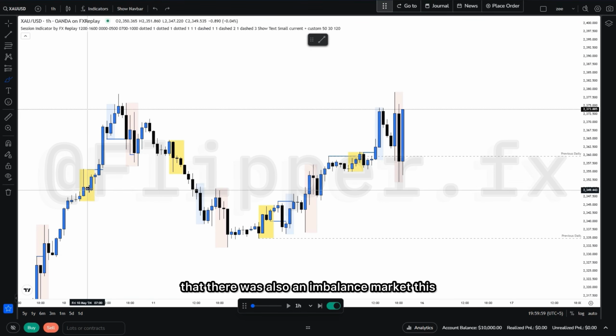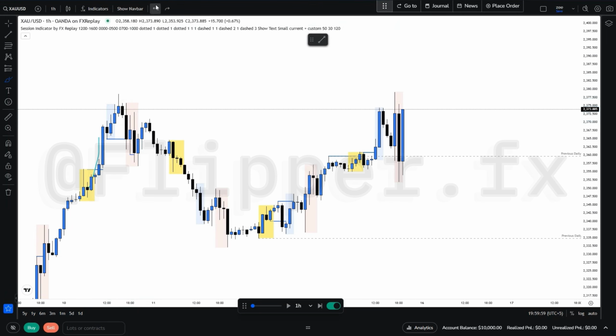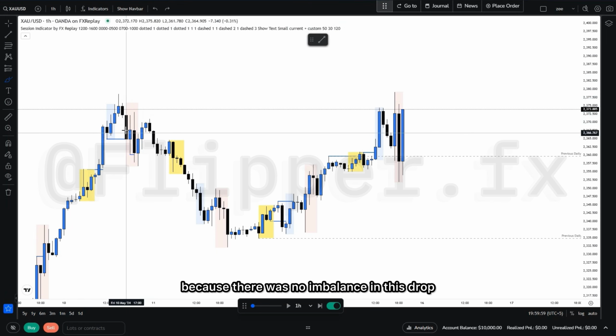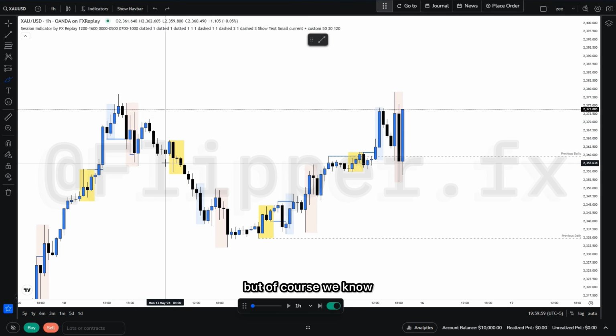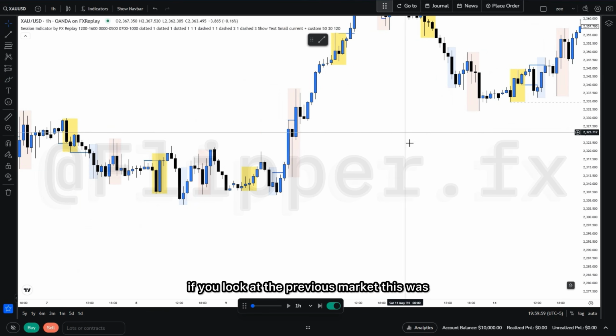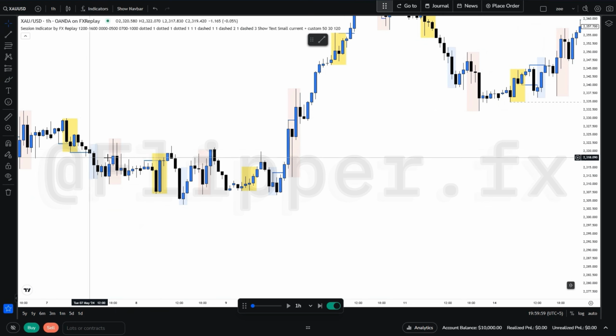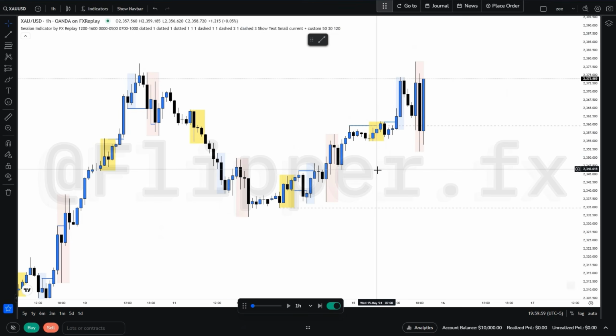After that, there was also an imbalance market. This was a balanced market because there was no imbalance in this drop, but of course we know how to trade a balanced or imbalanced market. Even if you look at the previous market, this was also an imbalanced market. This was a balanced market where we know how to trade.